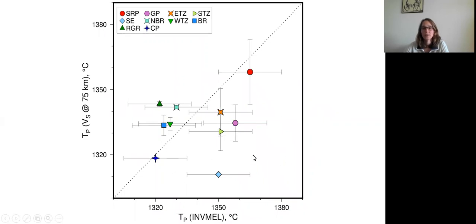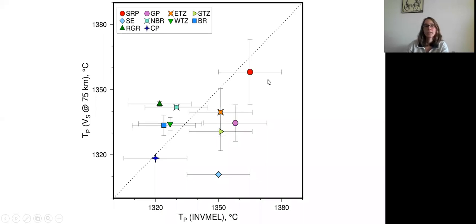So within 20 degrees or so, these two completely independent methods actually agree with each other, which is pretty amazing, I would say, because when do geophysics and geochemistry ever agree that well? So I think we can be pretty confident that we're in the right sort of temperature ballpark for this region, and there's definitely a difference between melts on the Colorado Plateau compared to the Snake River Plain.